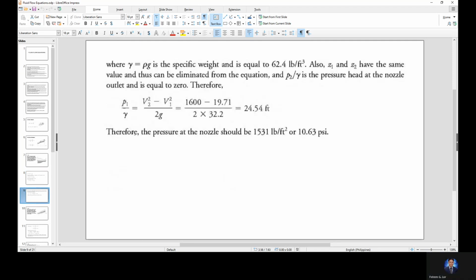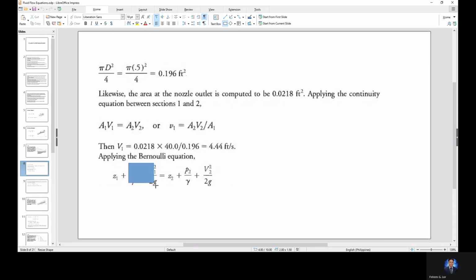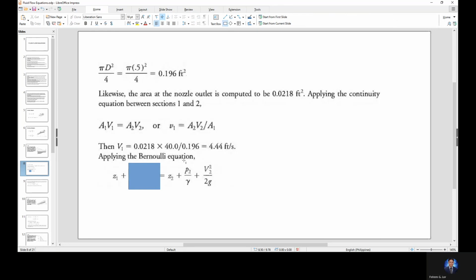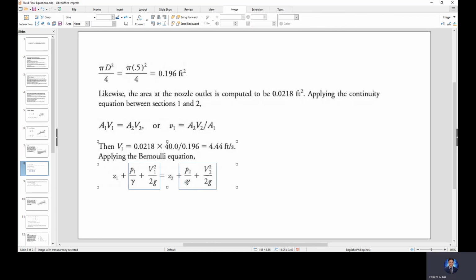So we can rearrange the equation. Okay, Z1 and Z2 are canceled out. So this is what remains in our equation.